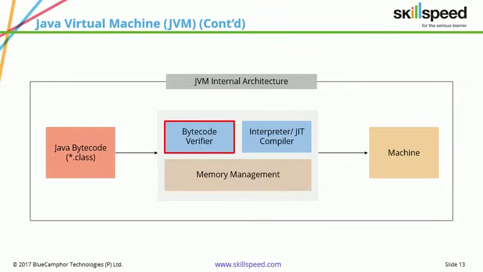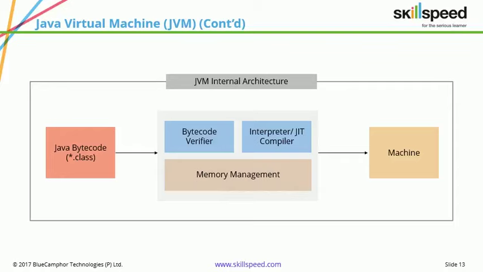First it will go to the bytecode verifier, and it will check whether the bytecode that has been converted contains enough things that it can convert or use. It will also check whether the bytecode is okay, which means it is free of errors or problems. Then it goes to the interpreter or the just-in-time compiler, which can convert things.